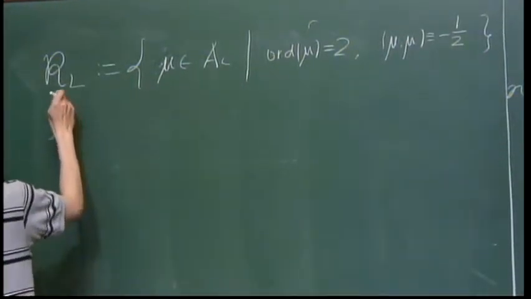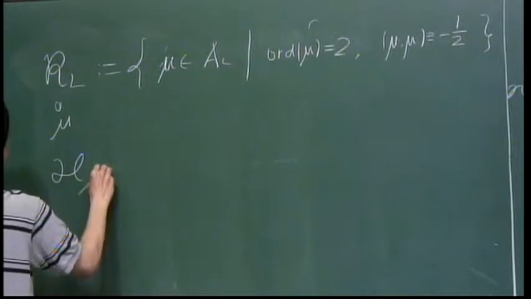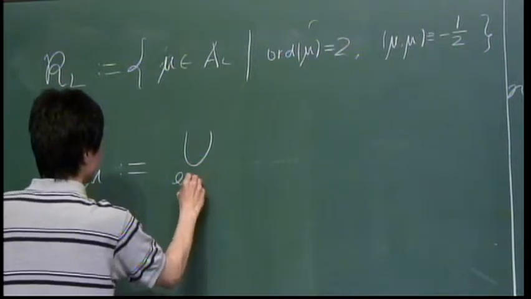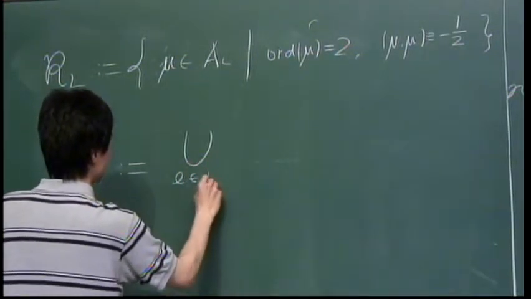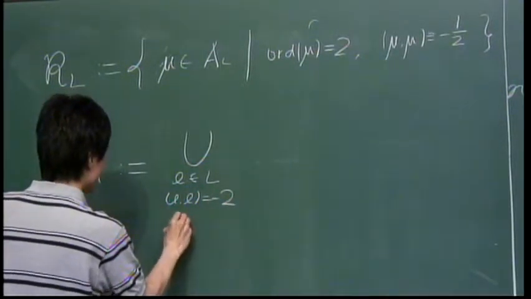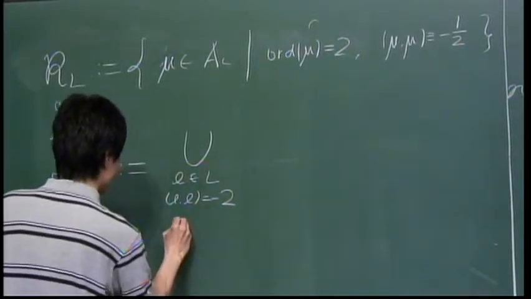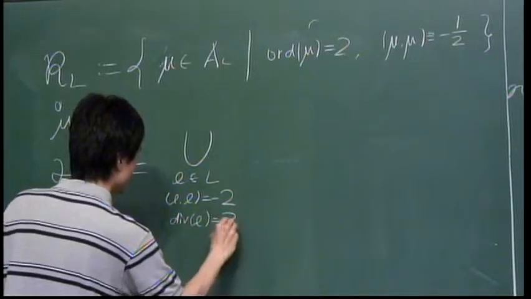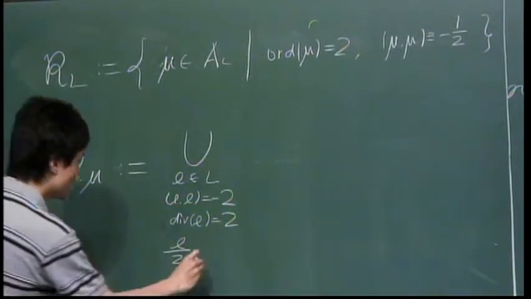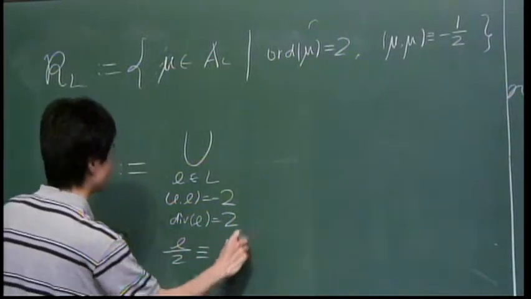For an element mu of this subset of the discriminant group, let me denote by H_mu the component of the Heegner divisor defined by this condition: -2 vectors with divisibility 2 in the dual lattice, whose class in the discriminant group is congruent to mu.